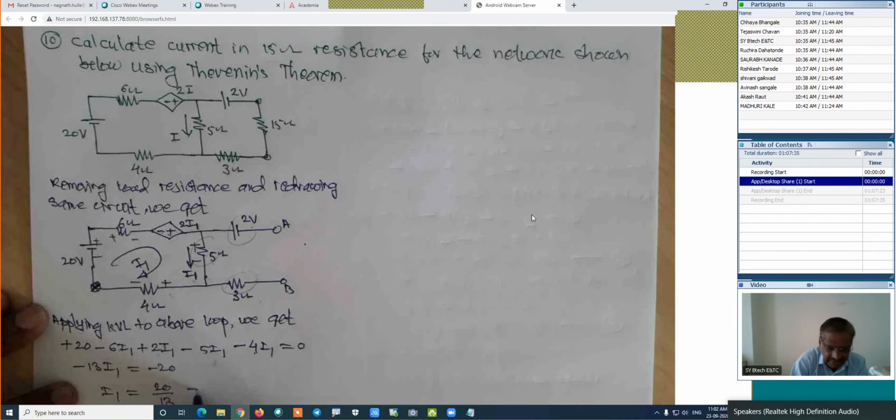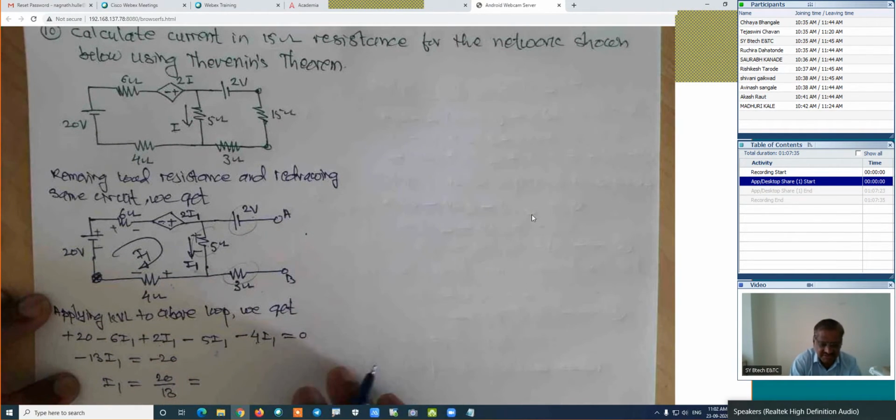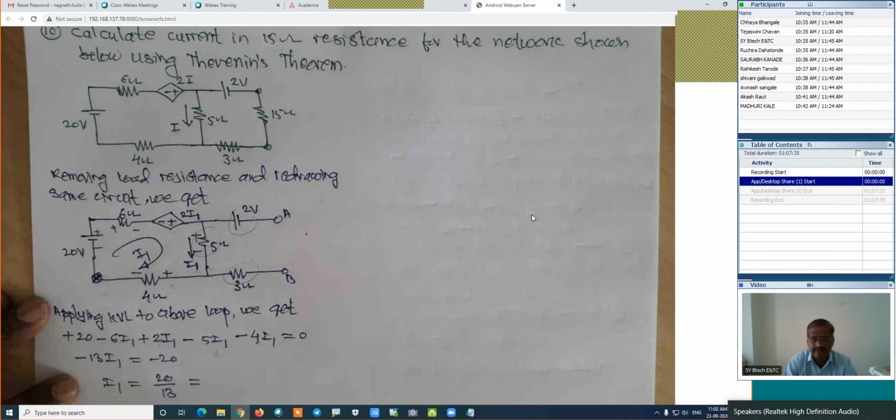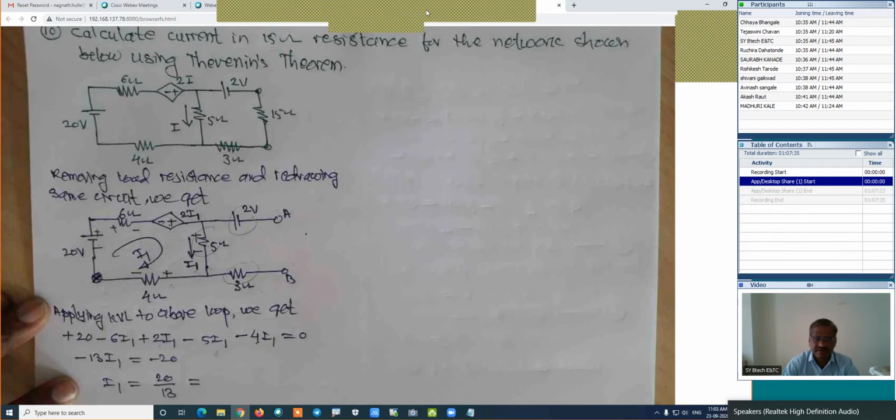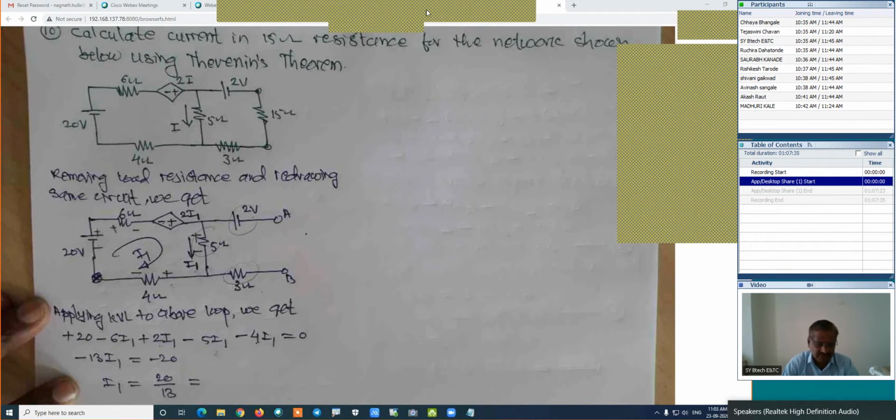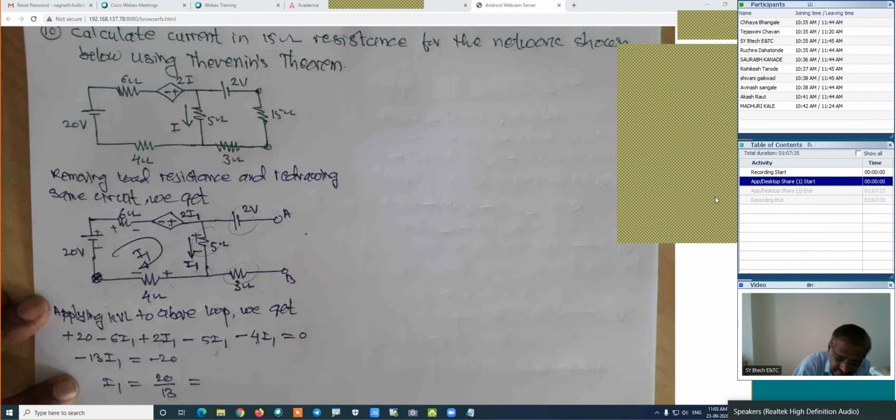Calculate its value. Check these values. How much is the answer? All of you, check the values also. Yes, anyone? 1.53. Yes, 1.53 amperes is the I1, this current.